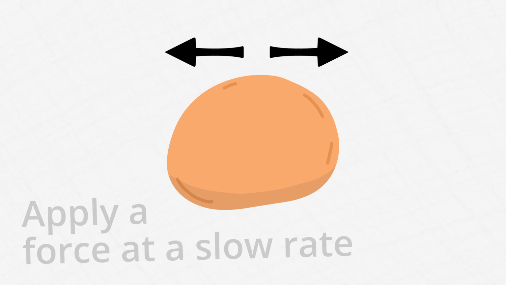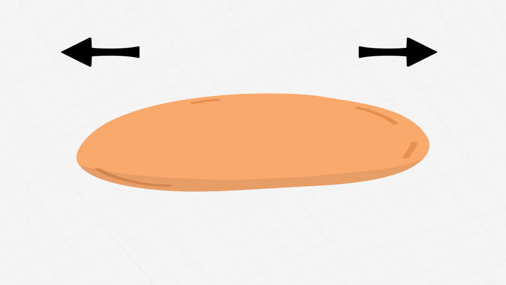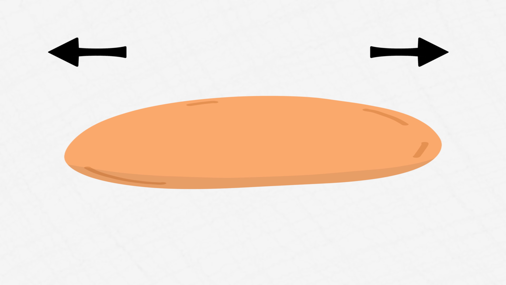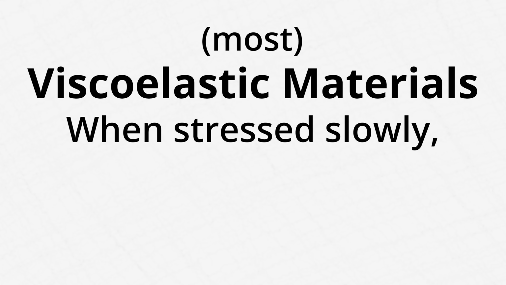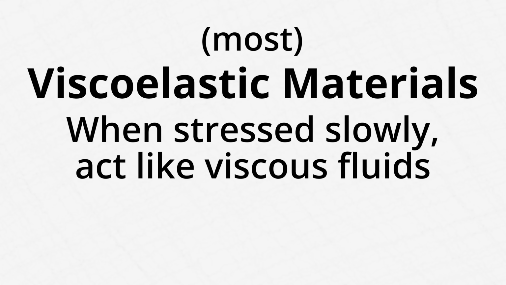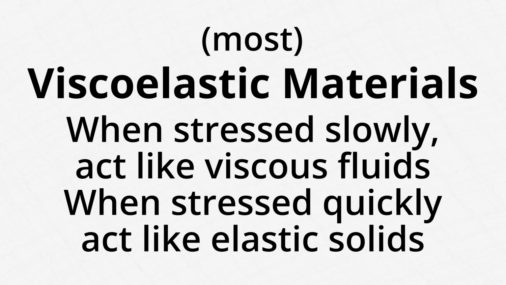However, if we were to pull on it slowly, it would stretch for seemingly ever like a highly viscous fluid. This reaction is common across most viscoelastic materials. When stressed slowly, they will act like viscous fluids, but when stressed quickly, they will act like elastic solids.